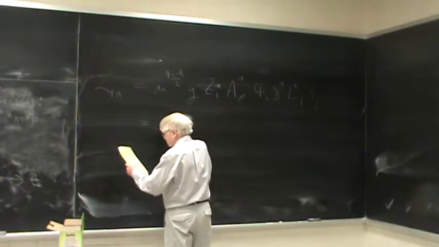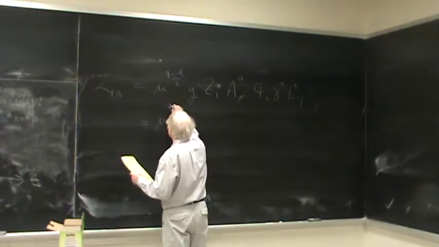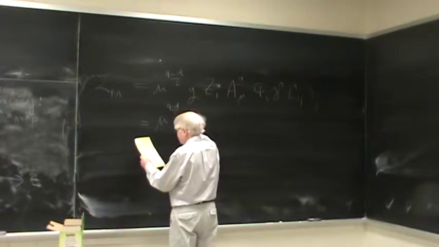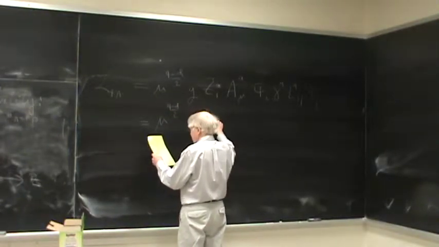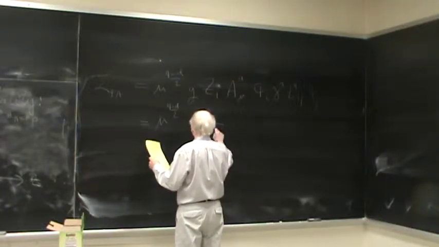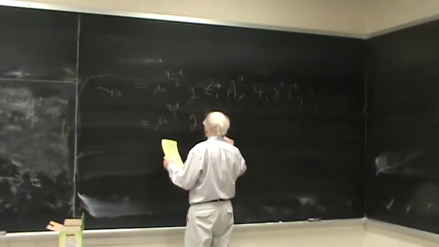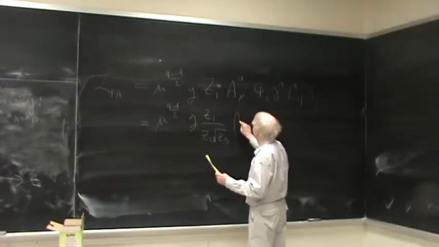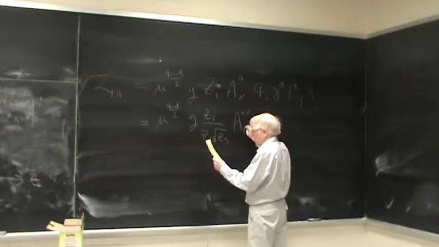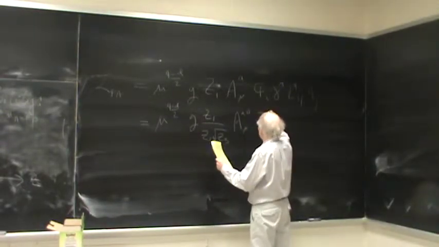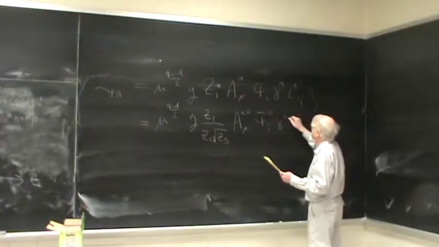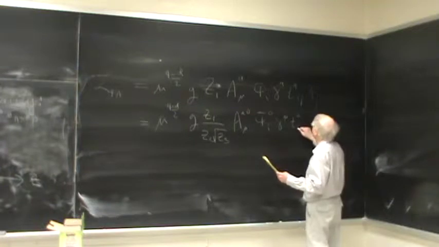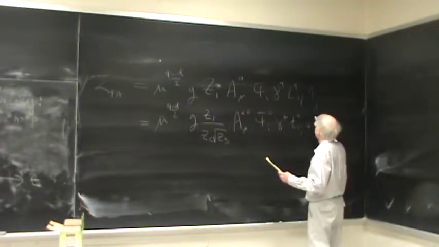And Schwartz's trick was to rewrite this as (4 minus d) over 2, g, Z1 over Z2 square root of Z3, A^A_0 mu psi-bar_0i gamma^mu T^A_ij psi_0j.